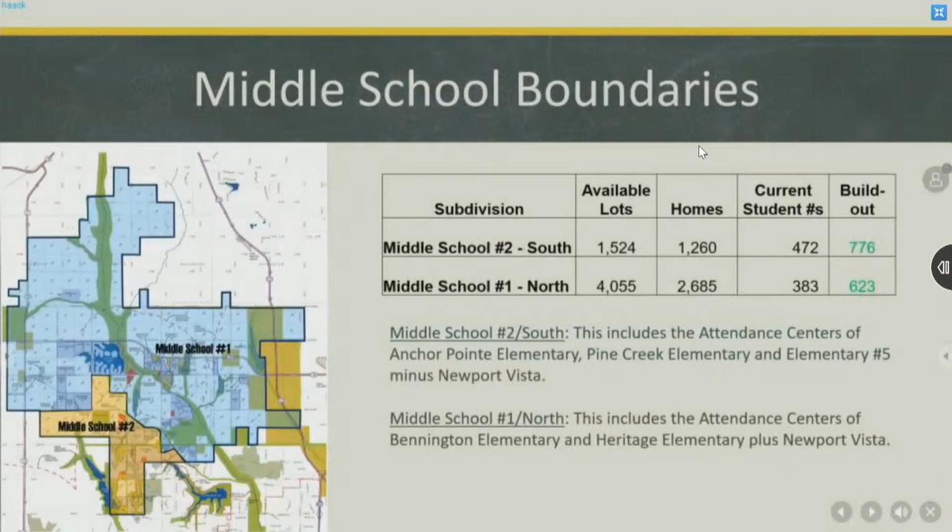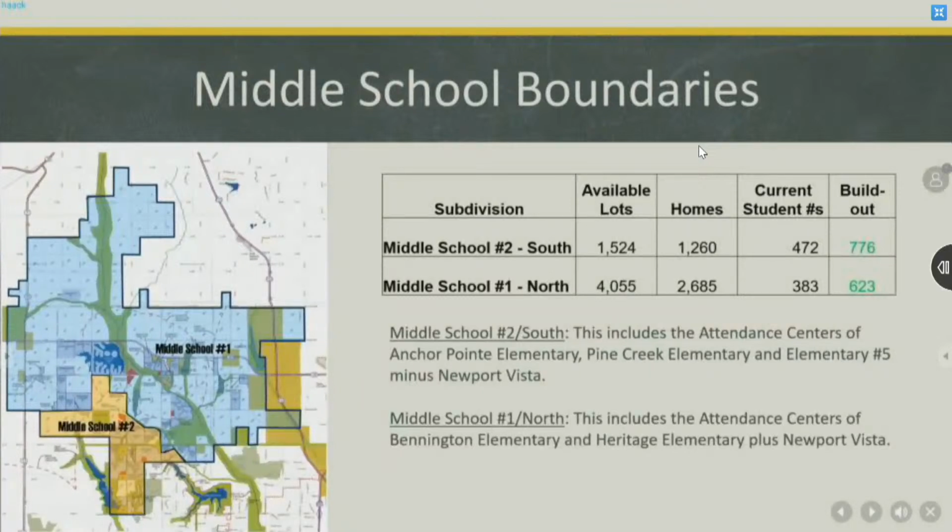As we move to elementary boundaries, we're really looking at it with 3 attendance centers for elementary going to 1, 2 going to the other. So as we look at middle school south, number 2, we're looking at Anchor Point, Pine Creek, and elementary 5, minus Newport Vista.